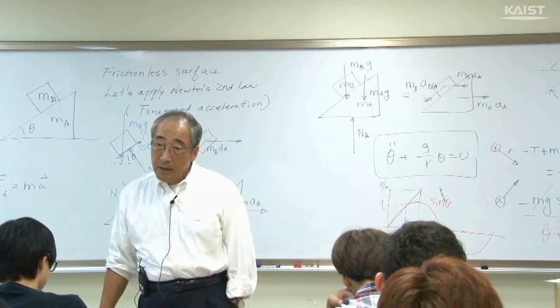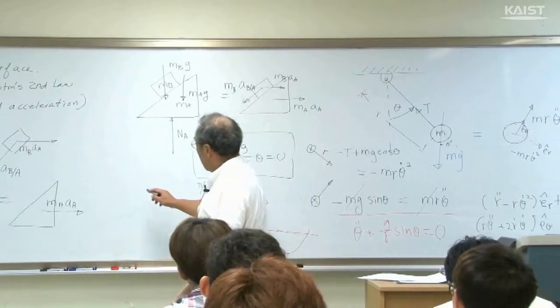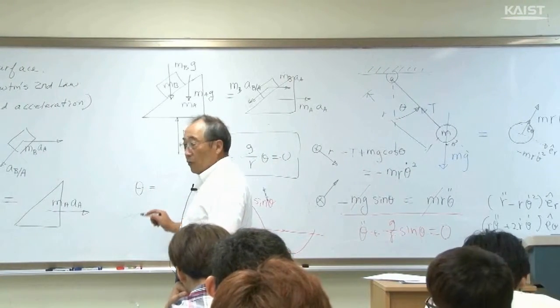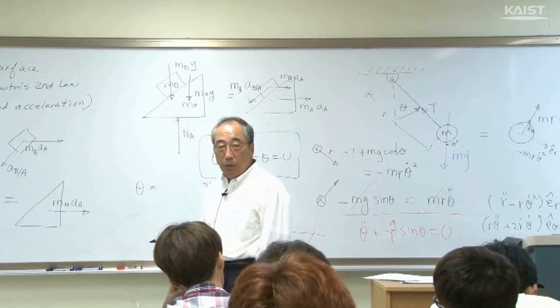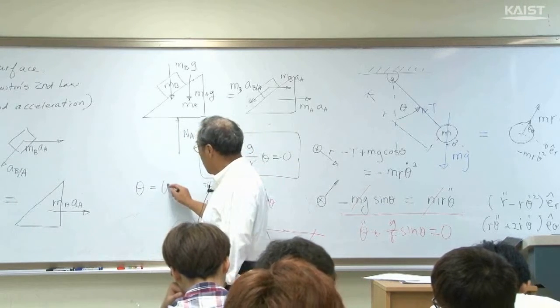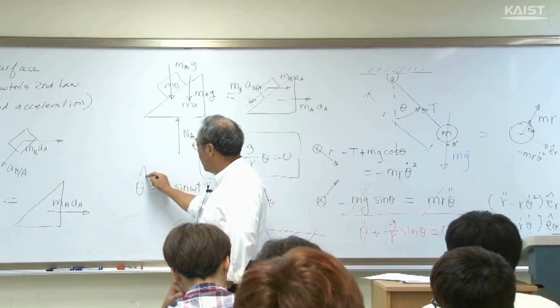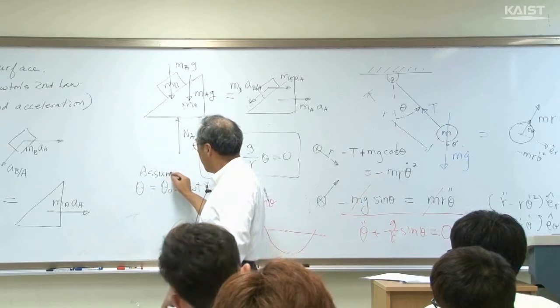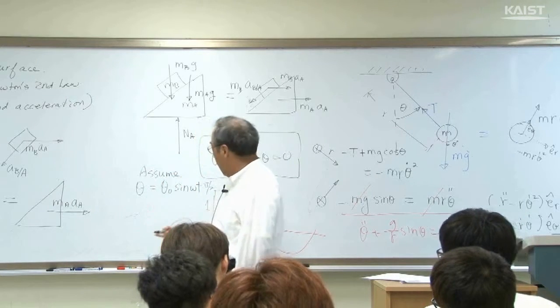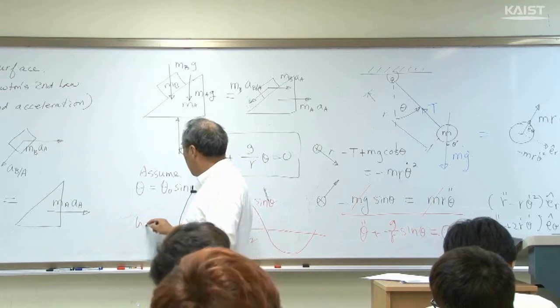Okay? If you assume that theta will harmonically oscillate, then you can say that is theta 0 sine omega t, assume. Then by plugging this one over there, you get omega square.